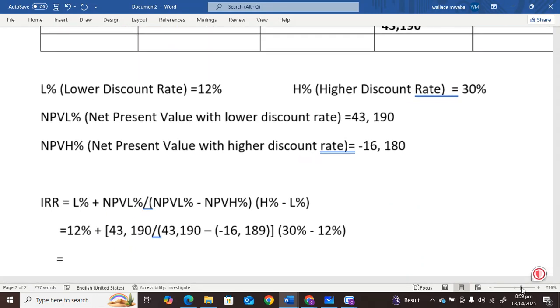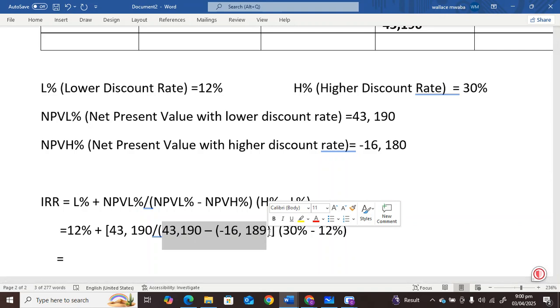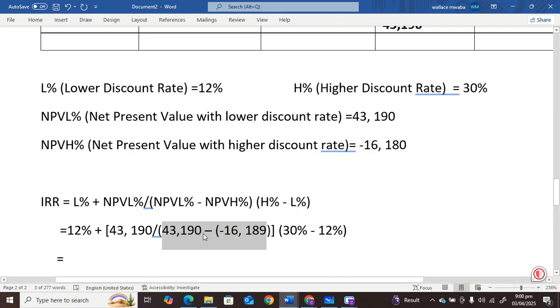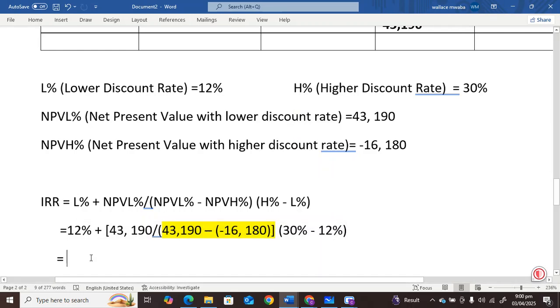Okay, so let's start our operation here. Let's start with this denominator. 43,190 minus negative 16,108. So basically this is the part I'm focusing on first. This negative and negative make positive. So 43,190 plus 16,108.